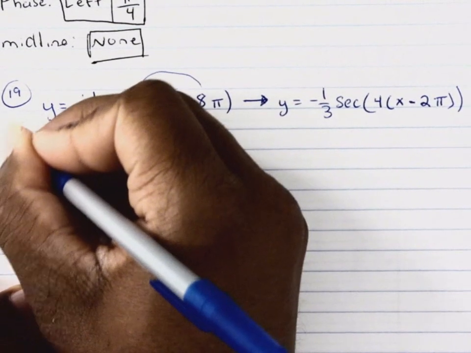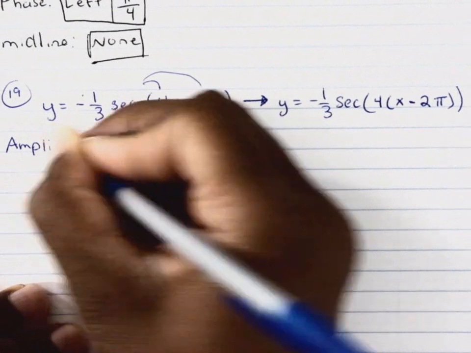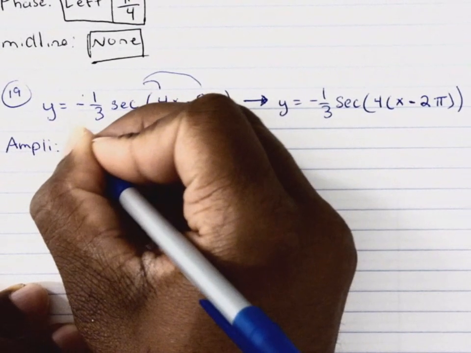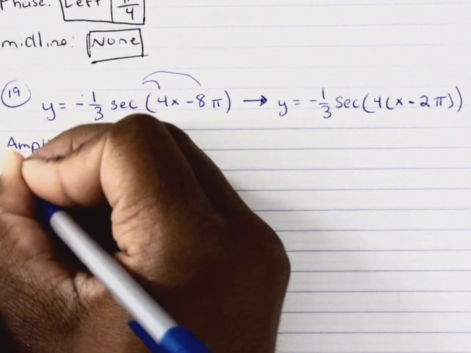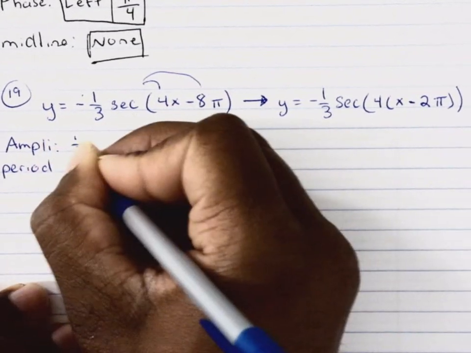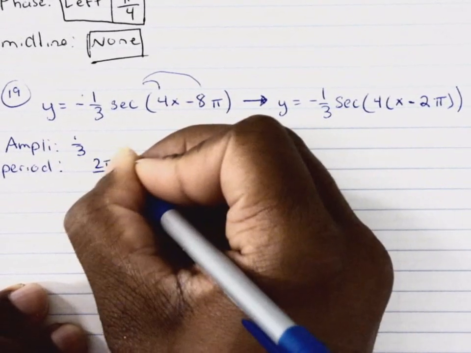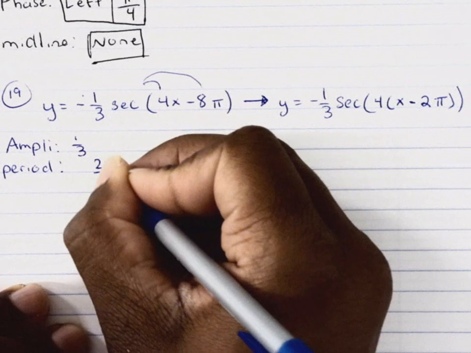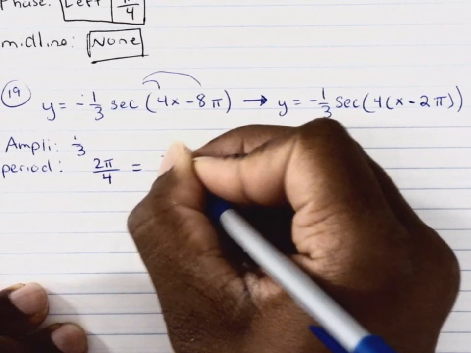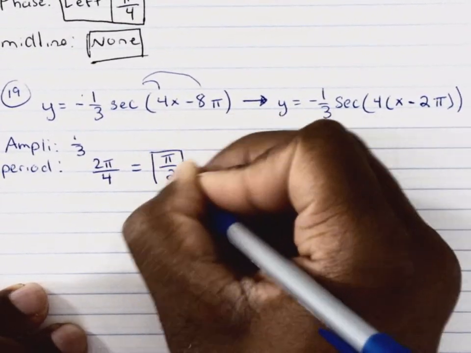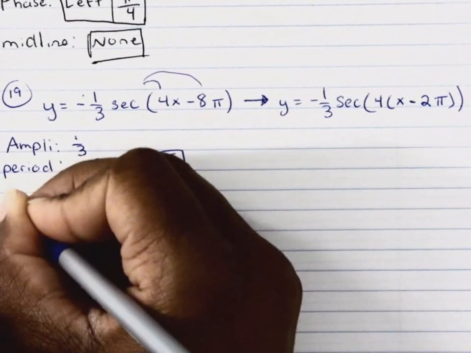So amplitude is 1/3. The period of secant is 2 pi. So 2 pi over b, which is 4, which reduces to pi over 2 as our period. Phase shift.